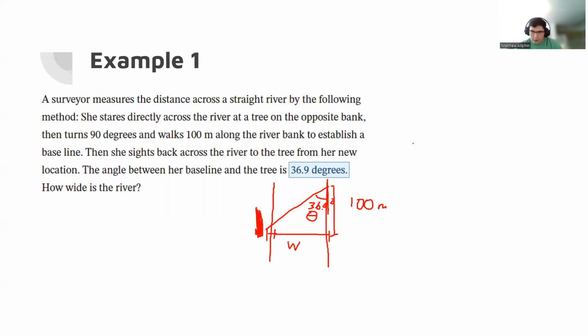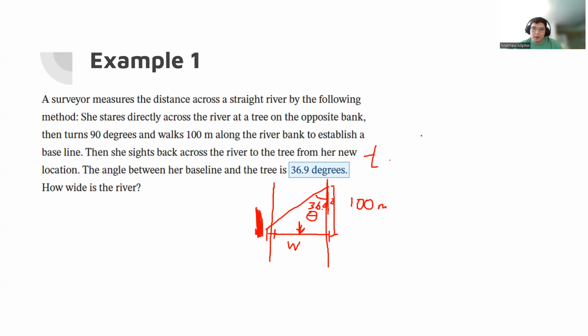To solve this problem, all you have to do is use trigonometry. Since we're looking for this opposite side right here, and we don't know the hypotenuse, we have the adjacent and we're looking for the opposite, so we're going to use the tangent.